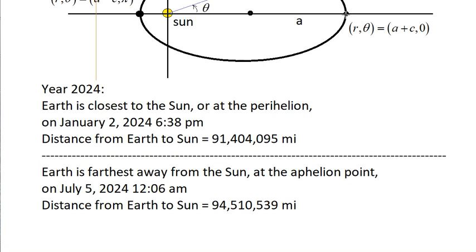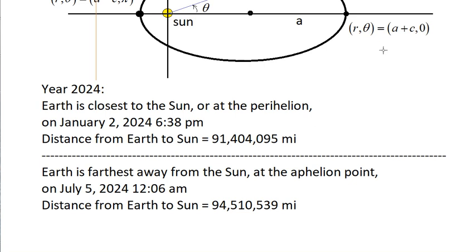At this point, the distance from the Earth to the Sun will be C plus A, or A plus C. And so at this point, r is 94,510,539 miles.